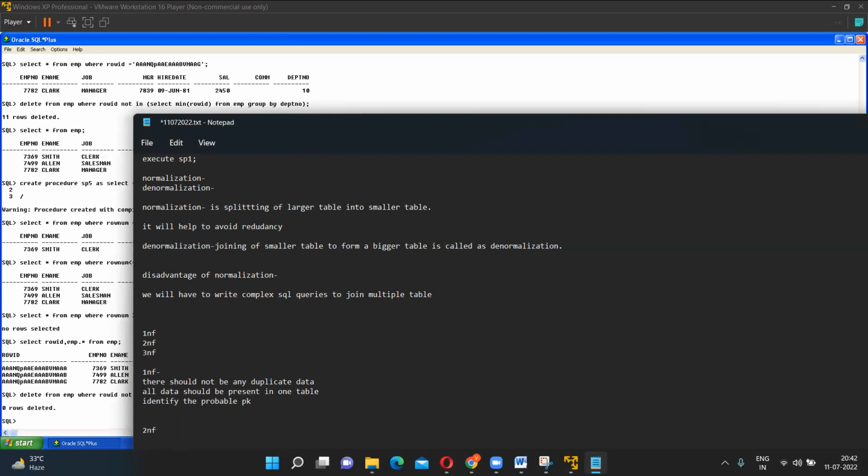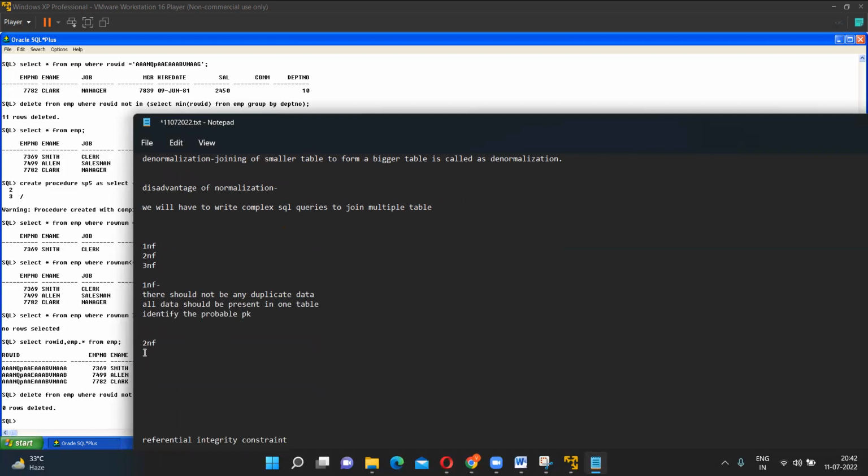What happened in second normal form? Table should be present in which form? First normal form. Next is what, guys? Split the table where complete dependency is there. Yes or no, guys? Yes.